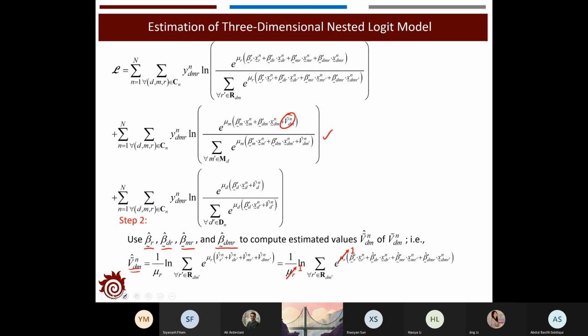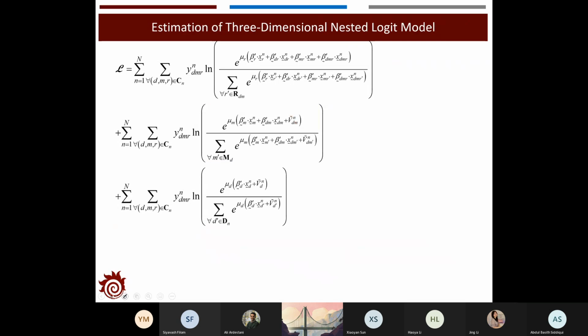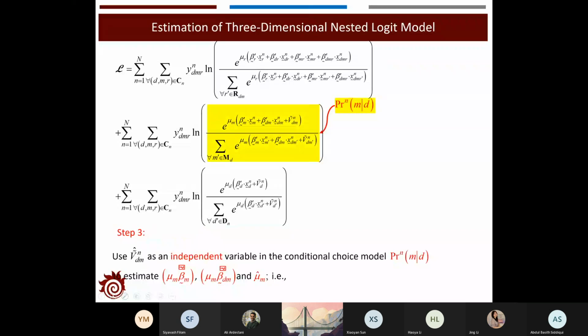Once the log sum term is estimated, we're going to consider the VDM tilde hat as an independent variable, and with that we can find the estimated values of mu m times beta m, mu m times beta dm, and mu m.